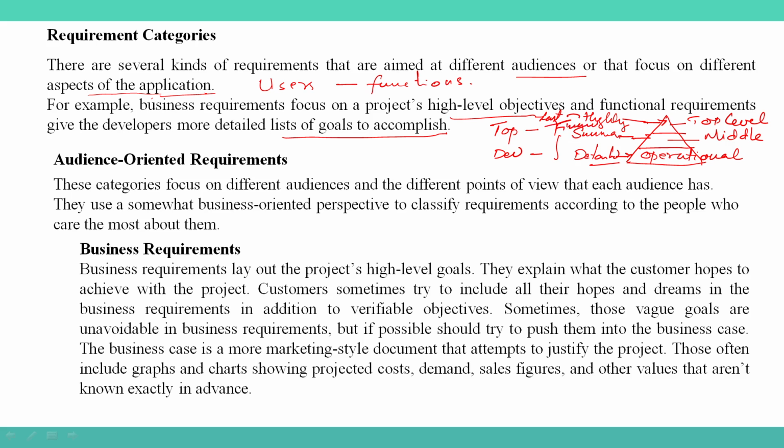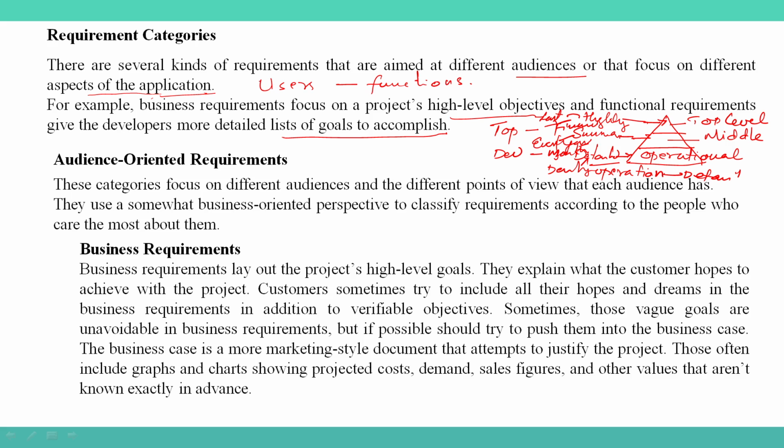Here it requires every year, monthly, like that you have to get the report. Here they have to have a daily operation. Think of it. So here you require a daily operation which is in detail. This is a summary, and this is a highly summarized information.